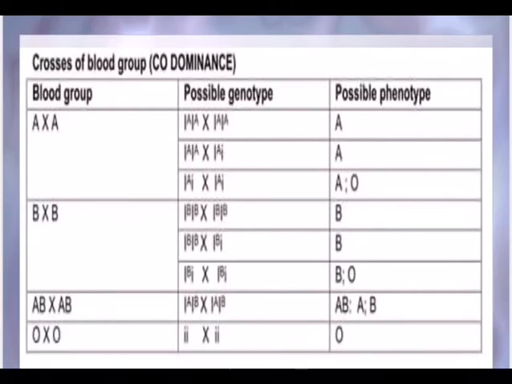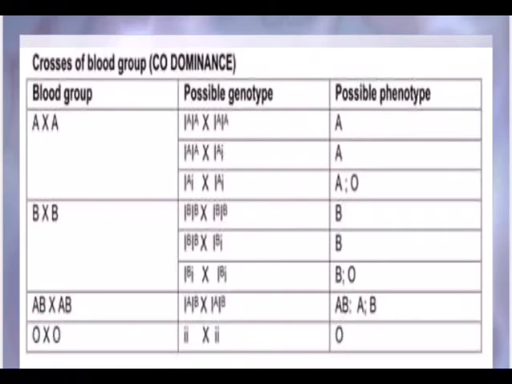What are the possible crosses of blood group? How will codominance happen? If a person having A blood group marries another person having A blood group, what are the possible phenotypes that the children will have? The combination for A is obviously genotype IA IA. The crossing takes place, all are A. So the possible phenotype is A only.